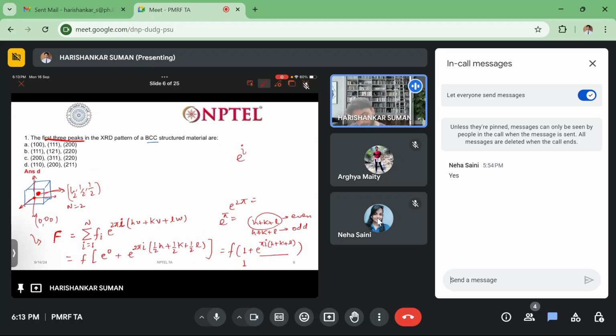You know e to the power i theta equals cos theta plus i sin theta. If this is the case, cos pi plus i sin pi is minus 1, and for 2 pi it will be 1. So if this is odd, then 1 minus 1 will be 0. Otherwise, not equal to 0, it is 2f. If even, 2f.